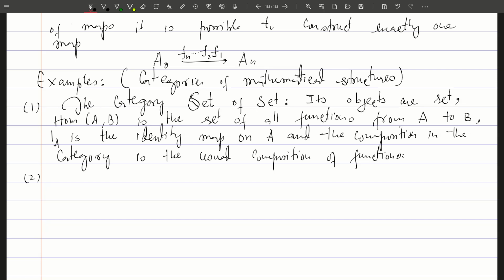Let us write one more example. So this is the category Set, and then we have the category Group. So this is the category of groups.